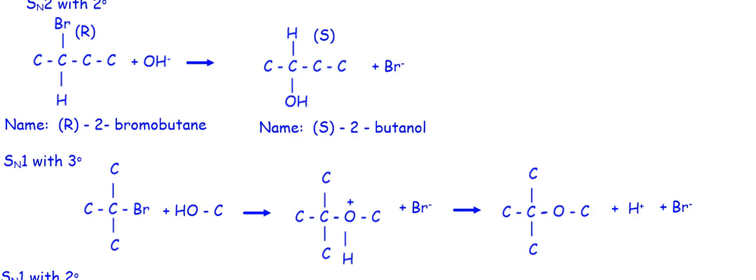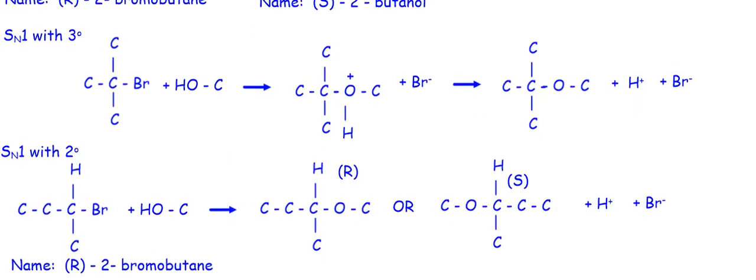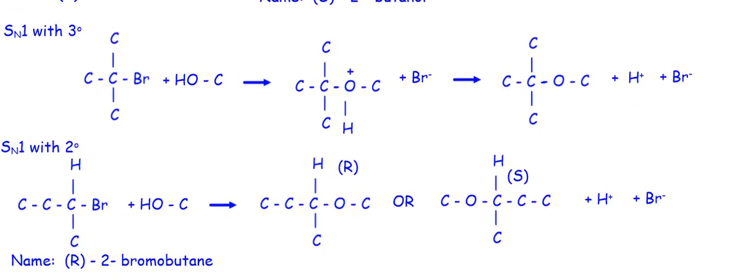So what about your SN1 with a secondary? Again, this is a non-symmetrical one, so this is A, B, C. This is an R 2-bromobutane. Notice what I get. I get an R, 1, 2, 3, and this is 2-methoxybutane, and then this would be your S, where I have, again, A, B, C going this direction.